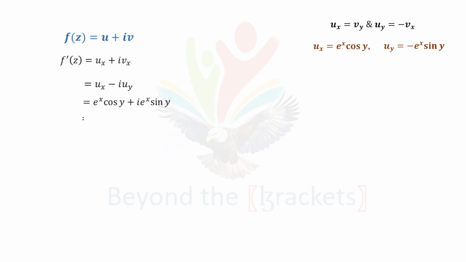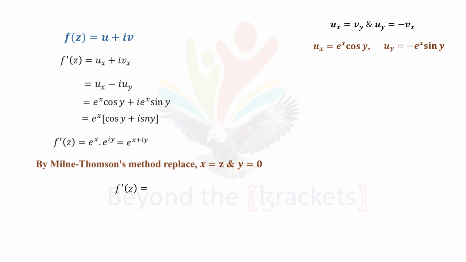We are left with e power x into cos y plus i sin y, which can be written as e power x into e power iy. Since the bases are same, we can add the power, so this sums up to be e power x plus iy, which is e power z. So e power z is the value of f dash of z. To get the value of f of z, integrate with respect to z, we get f of z as e power z plus c.